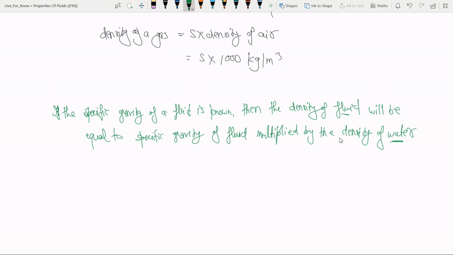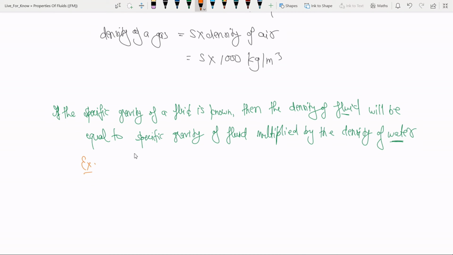If the fluid is gas, then we multiply by the density of air. For example, I take one example.